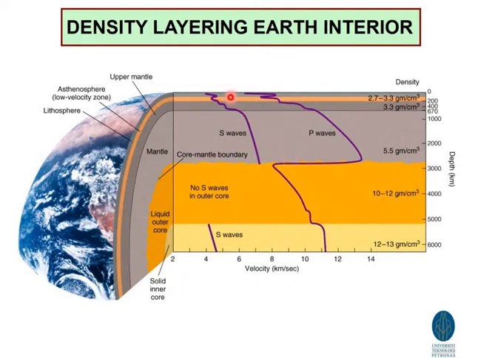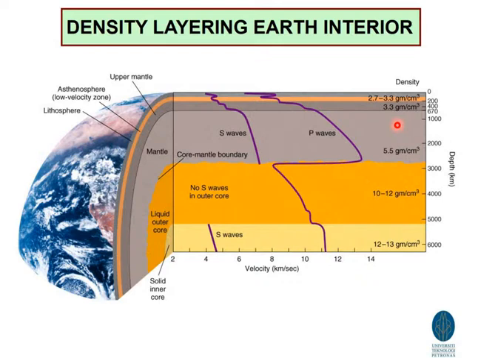However, there is some slowdown in the middle due to the presence of ductile layers. The upper mantle starts from 200 to 670 km, and the density is 3.3 gram per cubic centimeter. P and S waves increase in deeper depth.